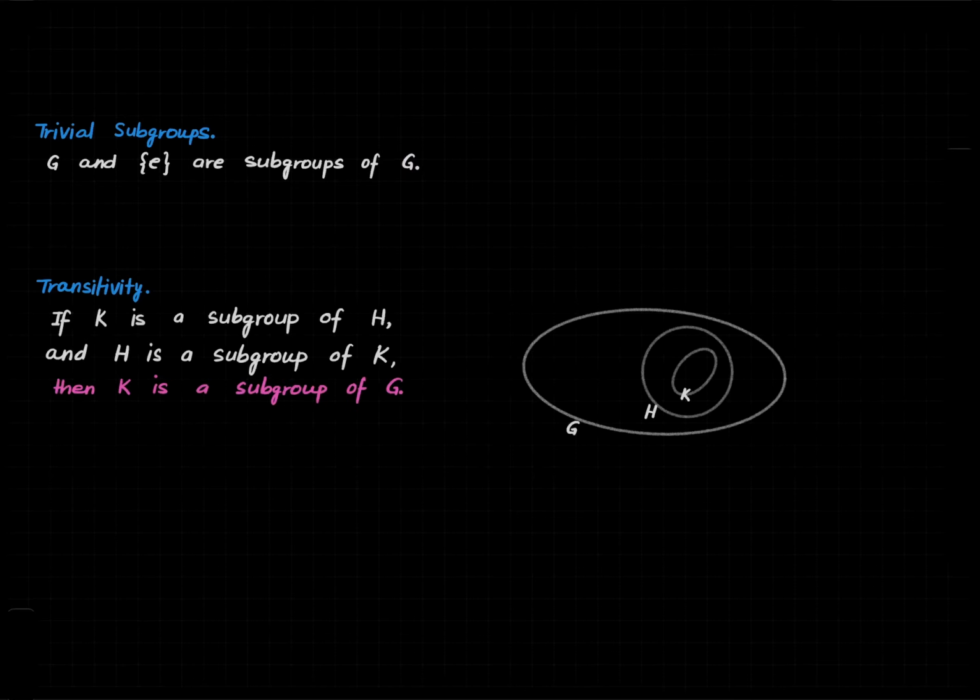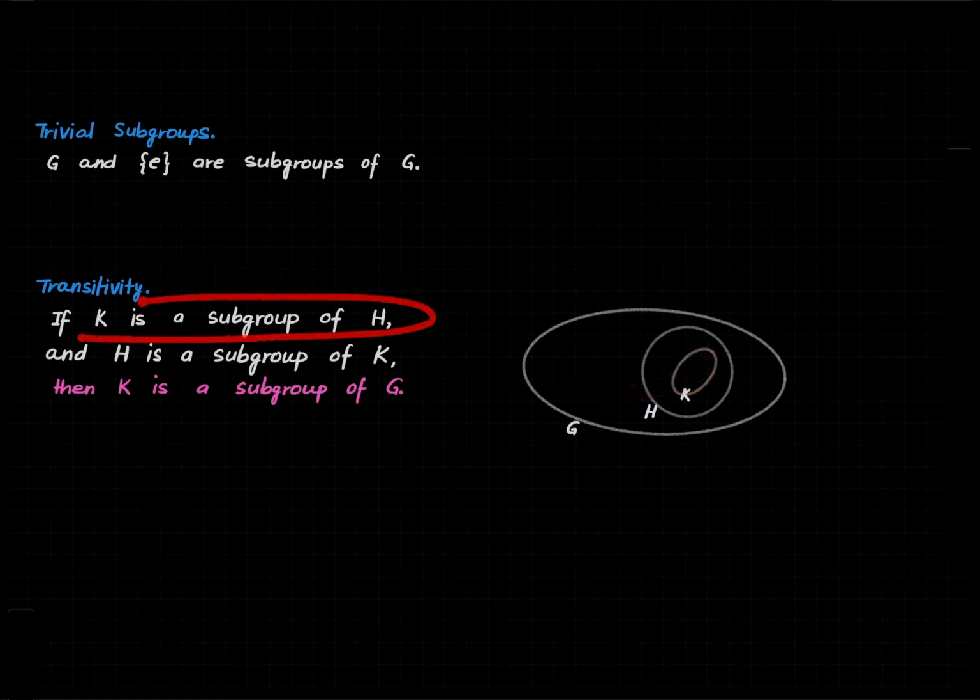Transitivity. Suppose we have a group G, inside there is a subgroup H, and now H is a group in its own right. So for now, suppose our universe becomes H, and H says that I have a subgroup K inside of me. Now K is also a subset of the group G. So it's a natural question, is K a subgroup of G also?